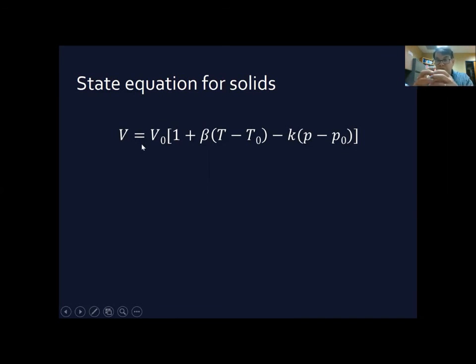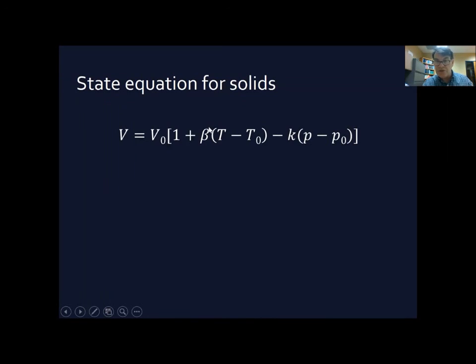This is for solids again. We're not talking about gases now, we're talking about solids. But if there is a change in temperature, or a change in pressure, or both a change in temperature and a change in pressure, then in accompaniment with these particular coefficients, the volume is going to change similarly. So there you have it, the state equation for solids to round out this somewhat involved section, right?